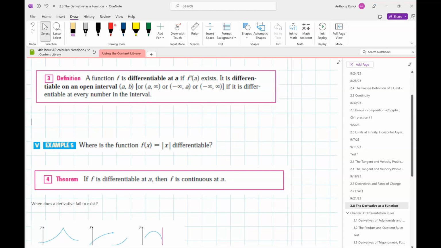So if the derivative at a comes out to be a number, then the derivative exists for that number. Shocking, right? We say a function is differentiable on the open interval from a to b, or an unbounded interval, like a to positive infinity, negative infinity to a, or negative infinity to positive infinity, if it is differentiable at every number in the interval.